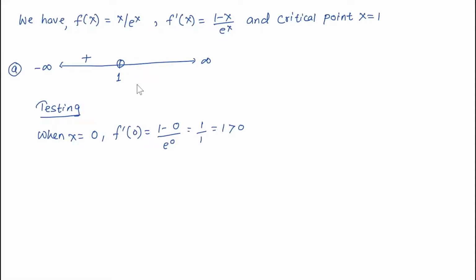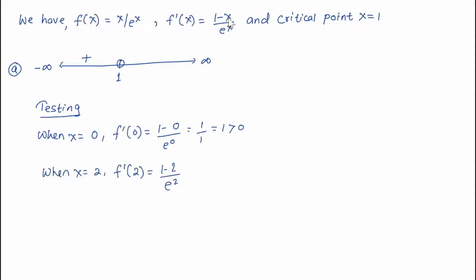Now we have to check on this second interval. For this interval, you can plug in x equal to any value from this interval. I'm going to plug in x equal to 2. When x equal to 2, the first derivative at 2 will be 1 minus 2 divided by e to the 2.